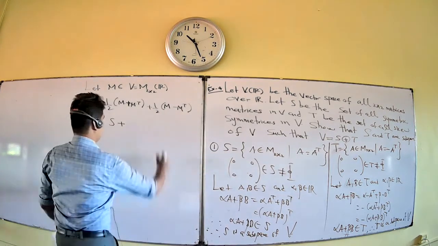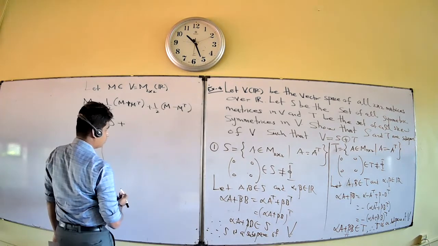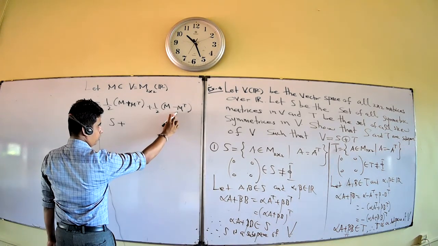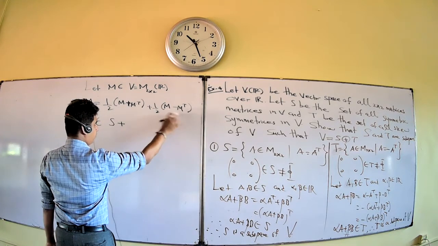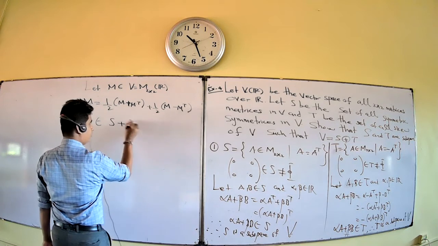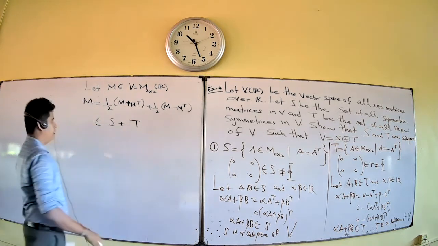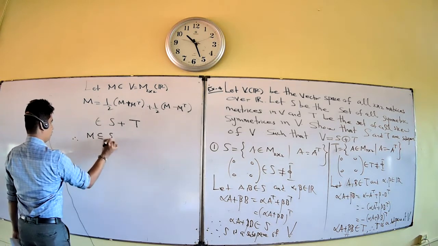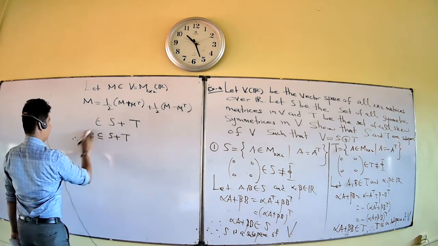This is M minus M transpose, right? Suppose minus A transpose, you put M, then 2M over 2. Therefore, this belongs to T. Okay, therefore both are arbitrary matrices. Therefore, V is a subset of S plus T.